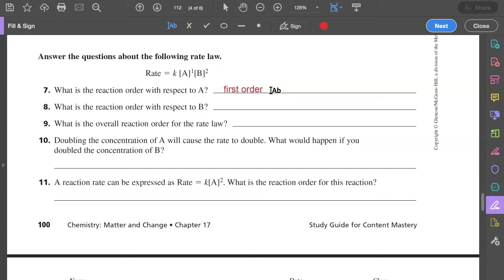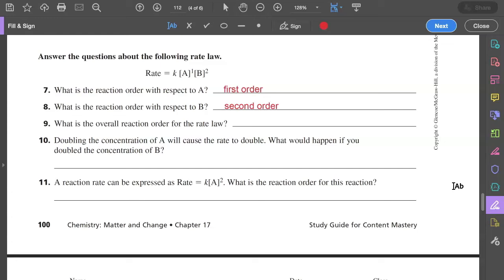What's the reaction order with respect to B? Right, since B has an exponent of 2, that means that B is second order. In other words, whatever we do to B, we would see the squaring of that in the result for our rate of reaction.